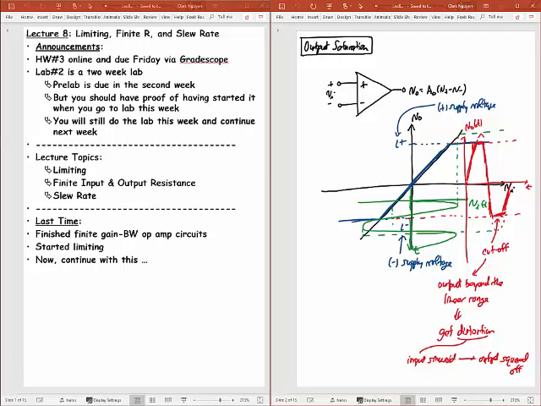It basically means that if you put too large of an input signal into your op-amp, and so here's an input signal going into my op-amp. This is V sub I this way. That's what I'm putting into my op-amp between the plus and minus terminals.